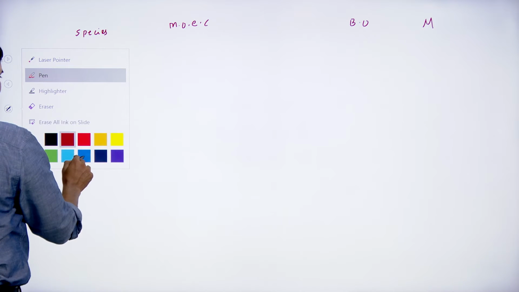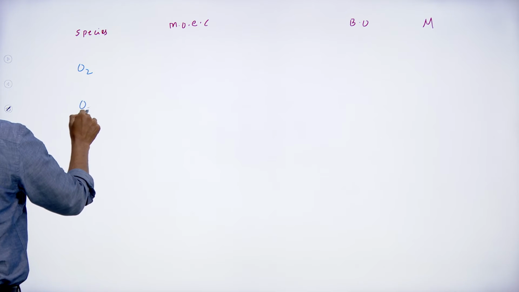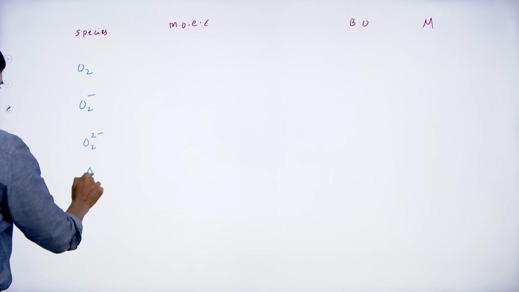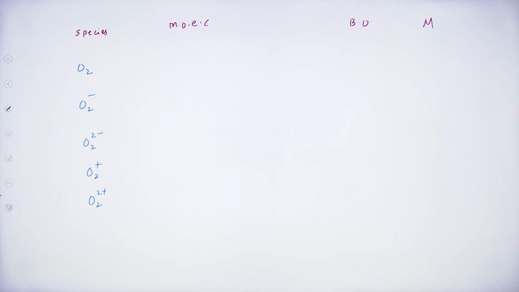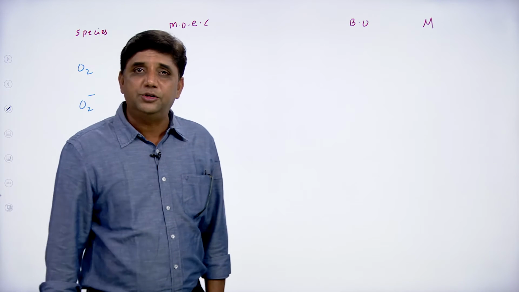The species of oxygen are O2, O2 minus, O2 2 minus, O2 plus, and O2 2 plus. Molecular orbital electron configuration, you know that.